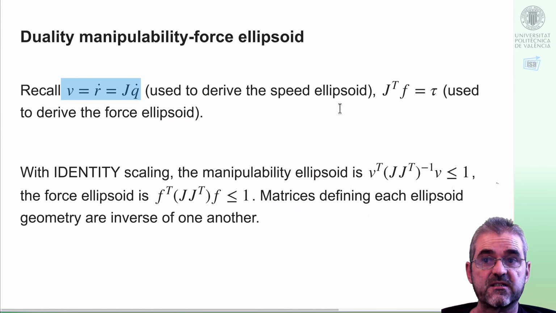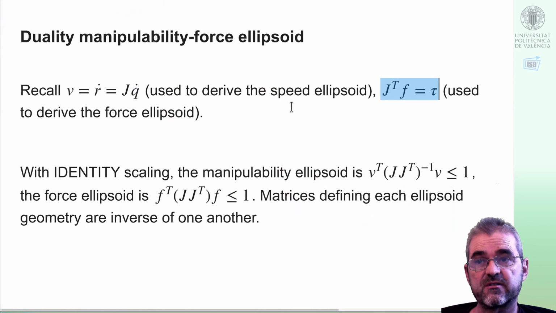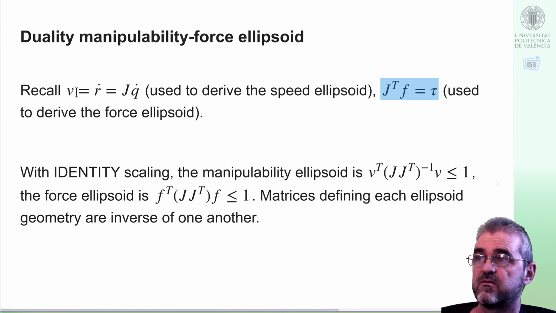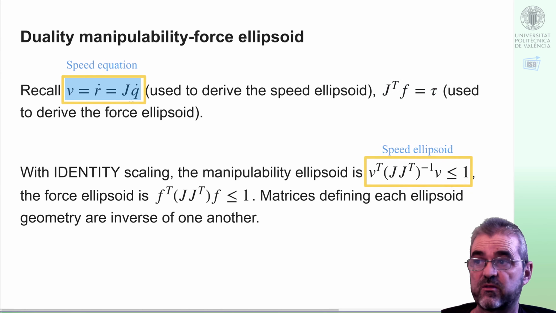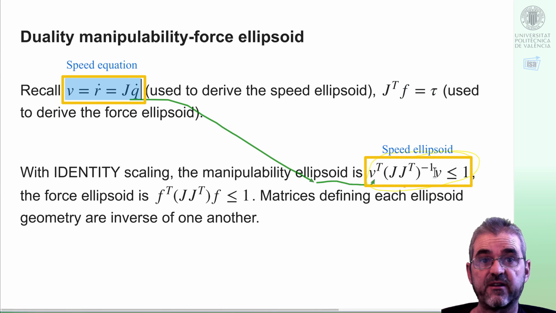So we just said this and this when discussing the gearbox pinion gear mechanism, and in previous videos we showed that with this equation we were able to define the velocity ellipsoid as the geometric locus of end effector speeds with unit sphere joint speeds.